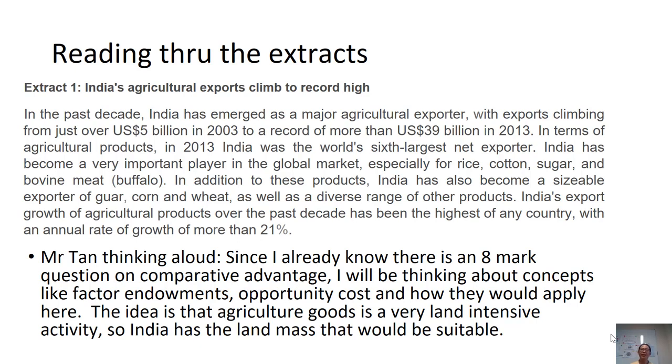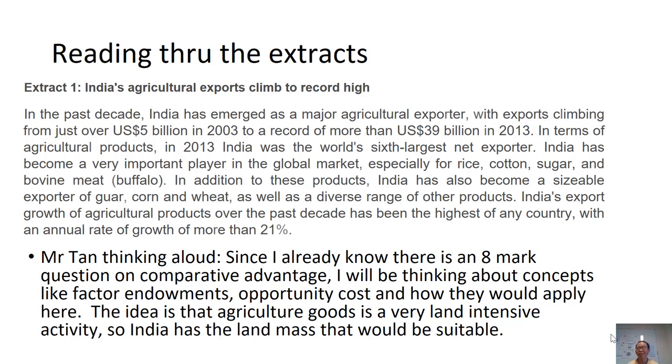In my brain, I will recall what I've been taught in class, that comparative advantage is based on opportunity cost, and opportunity cost is linked to things like factor endowment. Once I know that, when I read extract one, I want to think about how India can have a comparative advantage in agriculture goods.